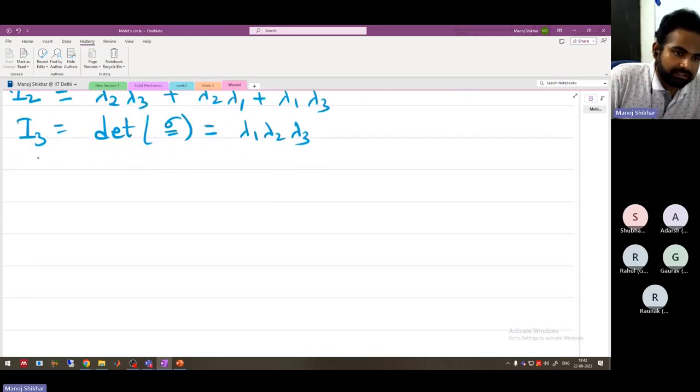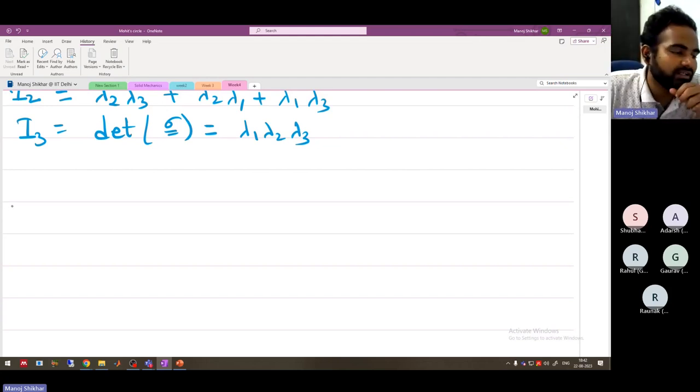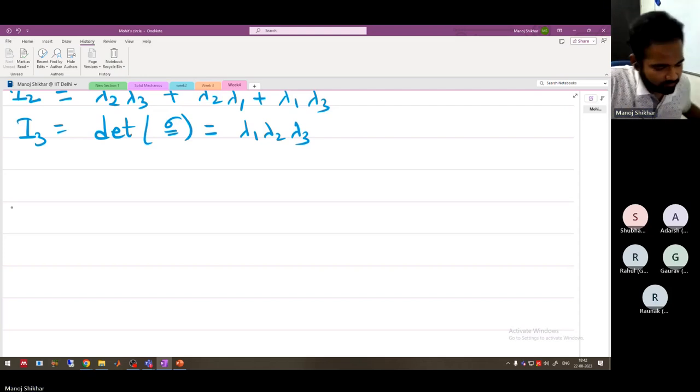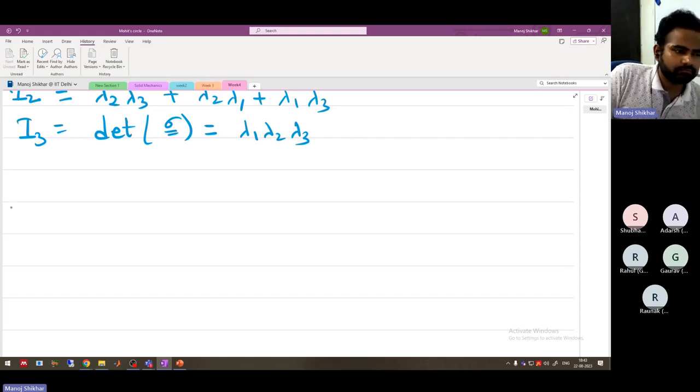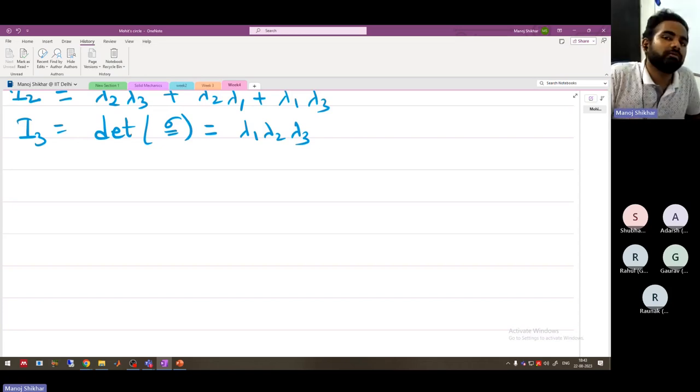Now, there is a theorem called the Cayley-Hamilton theorem. You must have read in class 12th that to find the eigenvalues of any matrix, you have to do determinant of A minus lambda I equal to 0. From there, you get an nth order polynomial, and this order n will depend upon the size of the matrix.